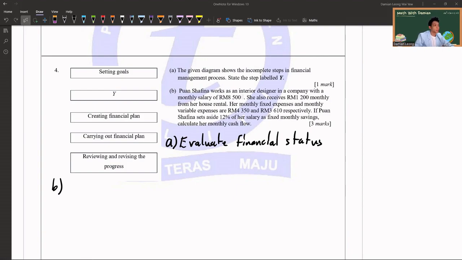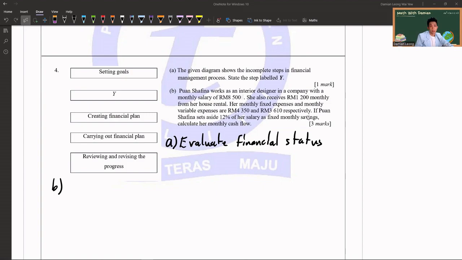So she also receives 1,200 ringgit monthly from a house rental. Okay, her monthly fixed expenses and monthly variable expenses are given here. So if Puan Shafina sets aside 12% of her salary as fixed monthly savings, calculate her monthly cash flow.